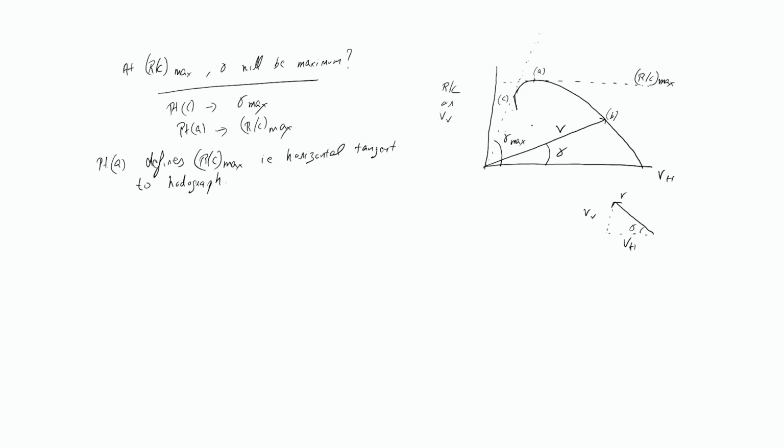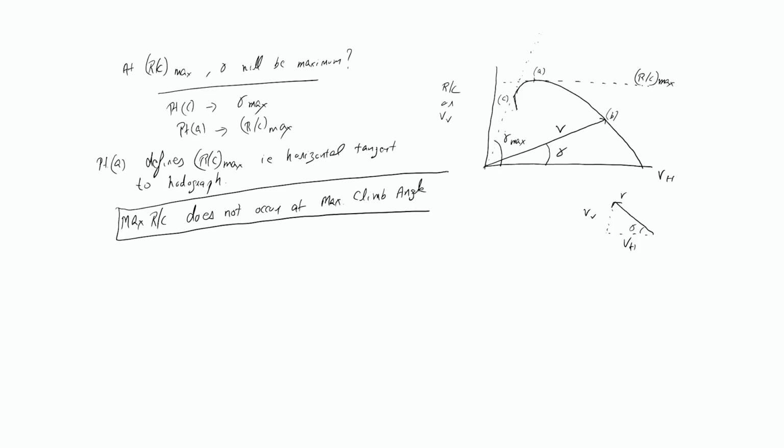So the point here is that the maximum rate of climb does not occur at the maximum climb angle. Intuitively it may look like the maximum rate of climb happens at the maximum climb angle, but that is not the case, because of the reason I have just explained.